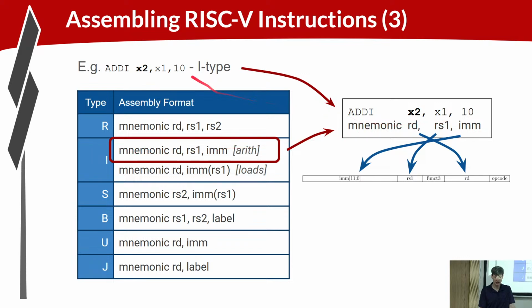So we just line that up with the instruction that we're given. X2 is RD. RS1, the source 1 register, is x1. The immediate is 10. And we just put those values into those fields. The RS1 field and the RD field are the register indices. So for register 2, we put a 2 into RD. For x1, we put a 1 in here, and a value of 10 in the immediate bits.